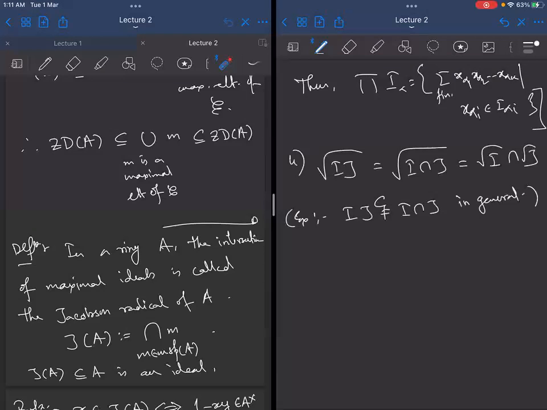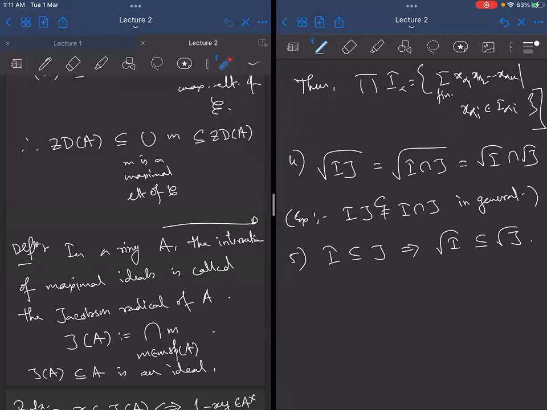But if you go to the radical level, then they are equal. So how is that true? First of all, one more result I'm mentioning, which I should have mentioned earlier but forgot. Suppose I is a subset of J, that implies radical I is a subset of radical J. The previous properties show that the converse may not be true.